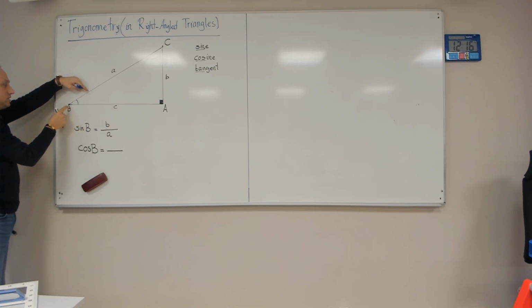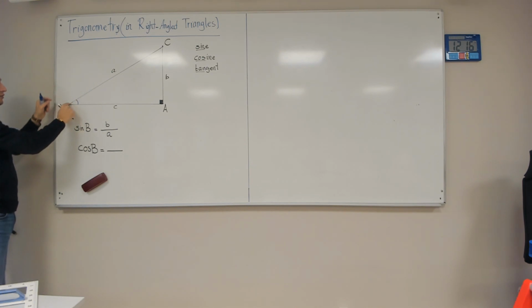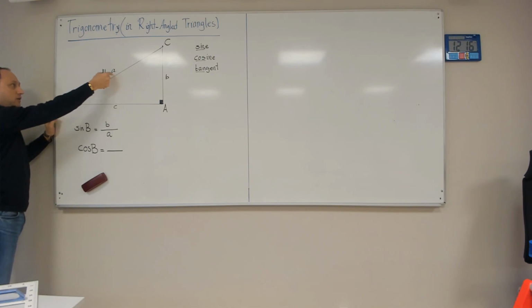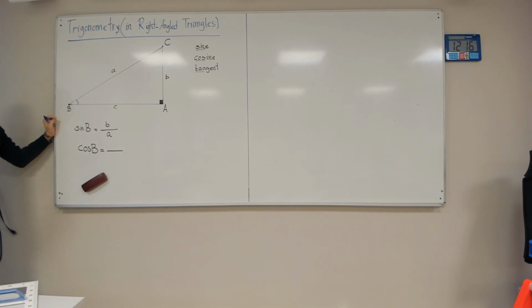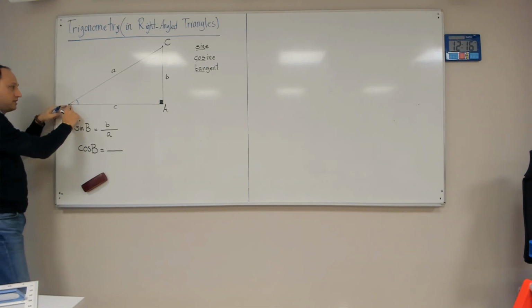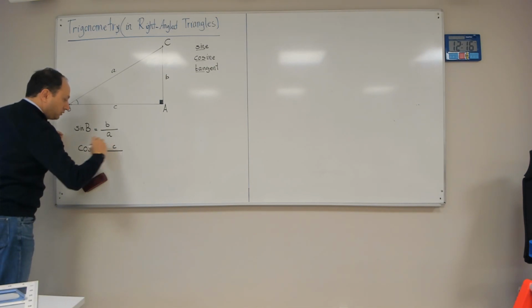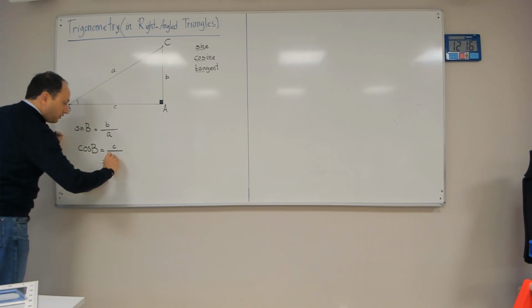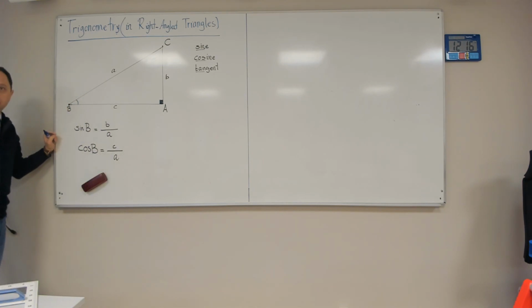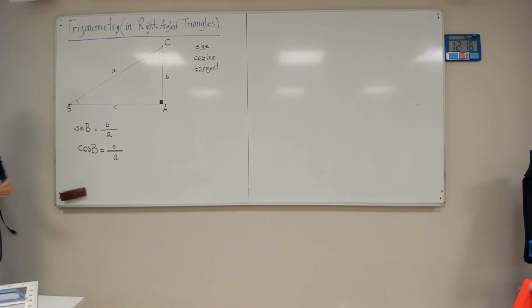This side is adjacent to B, and this side is also adjacent. But for this one, we have another name: we call it hypotenuse. So when I say adjacent, I mean this one. You take the adjacent one, which is c, and again divide it by the hypotenuse. You get a number. That number is called the cosine of your angle B.